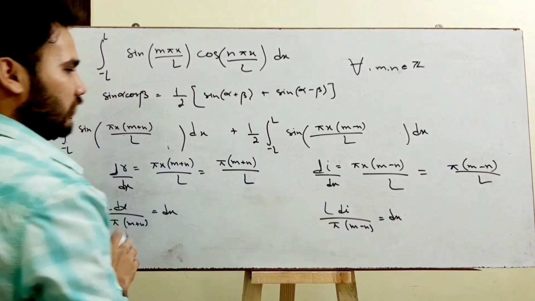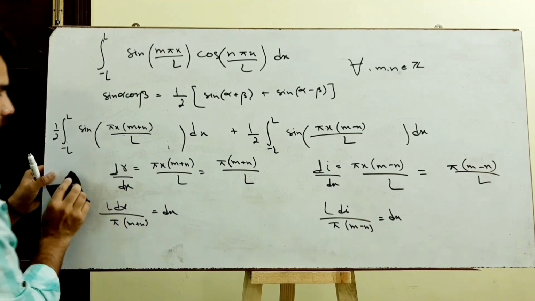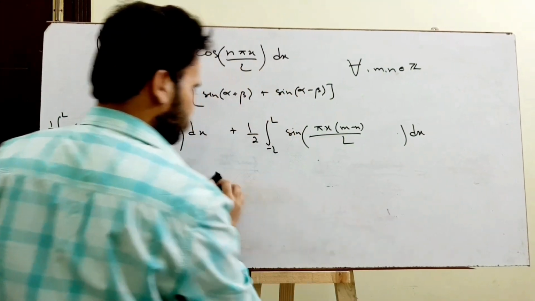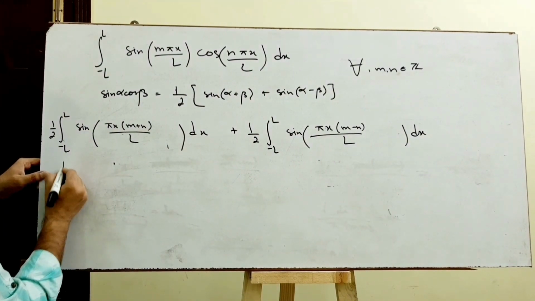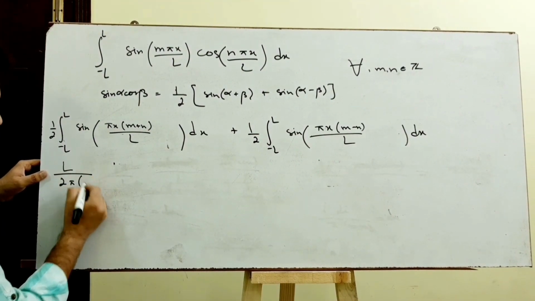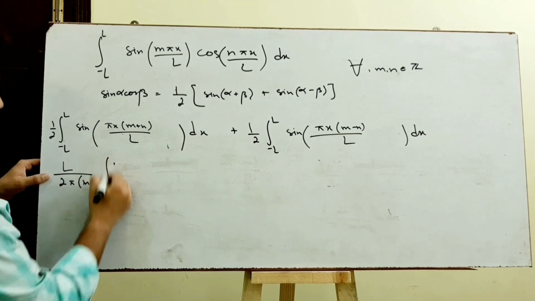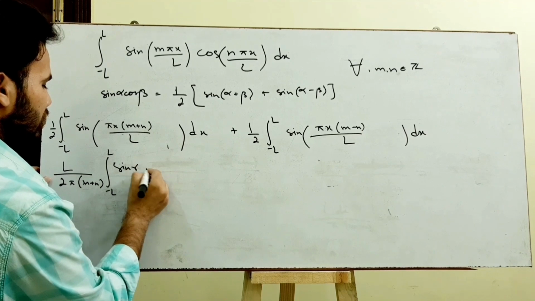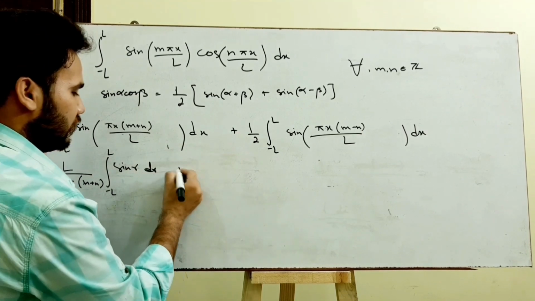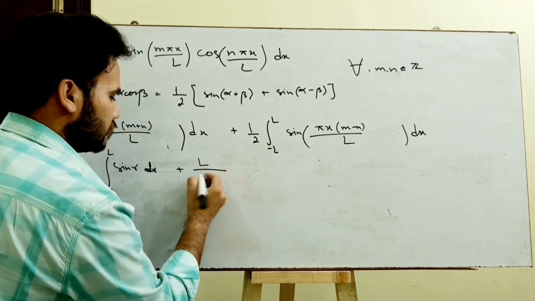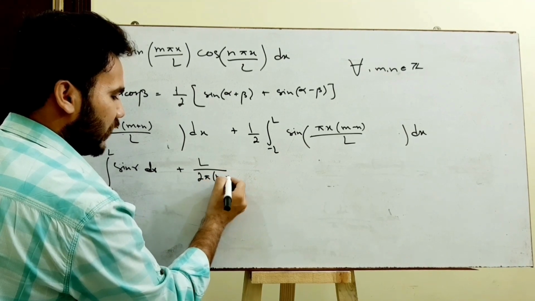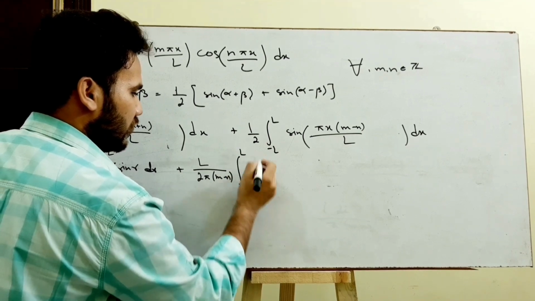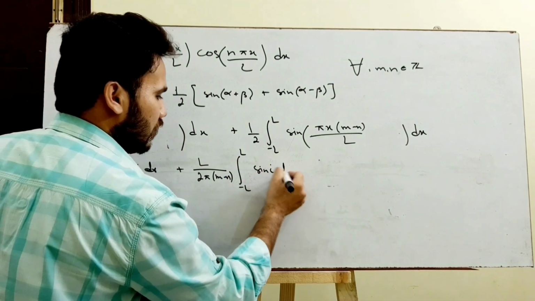I can put both of these into this integral, so I will get L over 2 pi (m plus n) times the integral from minus L to L of sine r dr, plus L over 2 pi (m minus n) times the integral from minus L to L of sine i di.